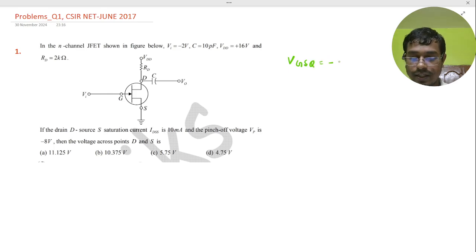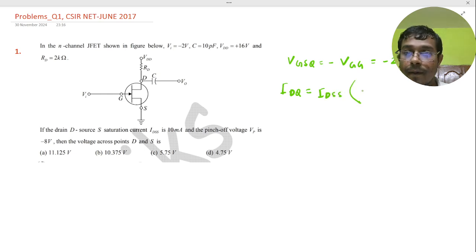Here the value given is VGS, which is nothing but VGG, equal to minus 2 volt, and we have the formula IDQ is basically IDSS times 1 minus VGS divided by VP, whole square.